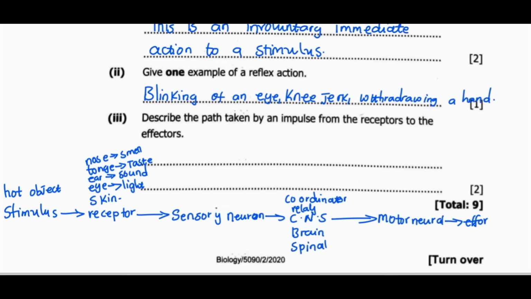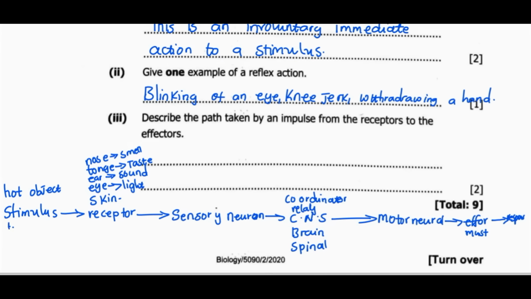The effector, we can look at muscles. For you to move the hand from that object, the muscles must contract and relax, so there should be that antagonistic kind of action. Then if you withdraw the hand away from that hot object, this is what we call the response.